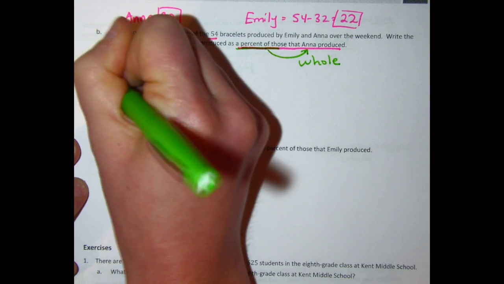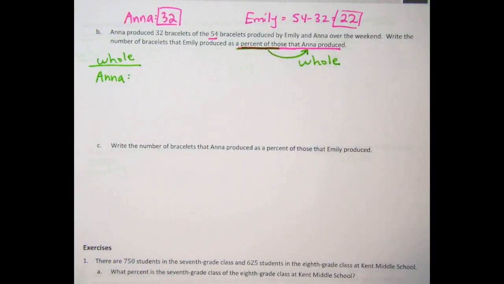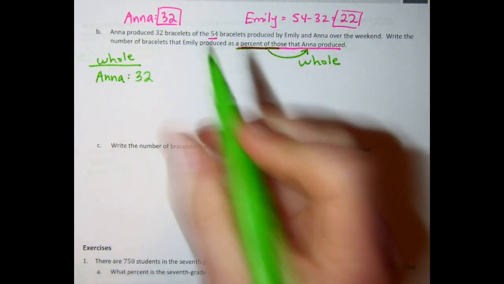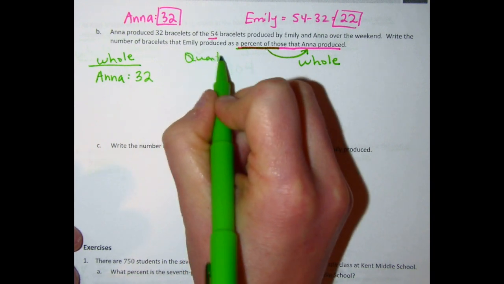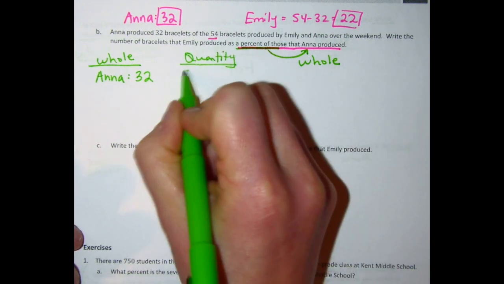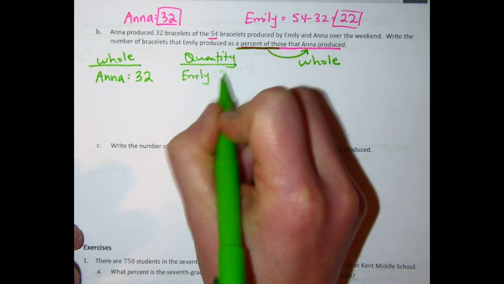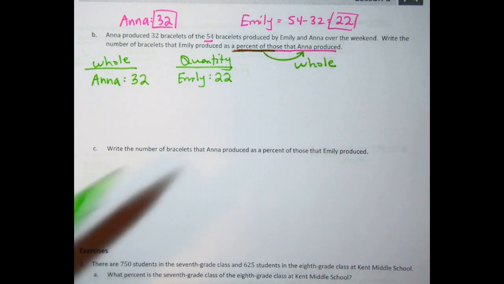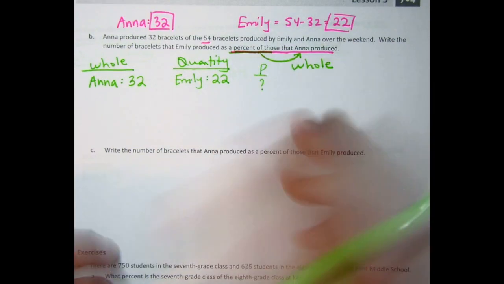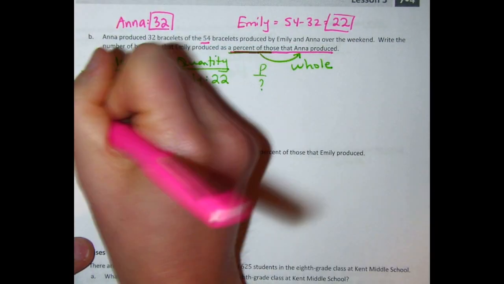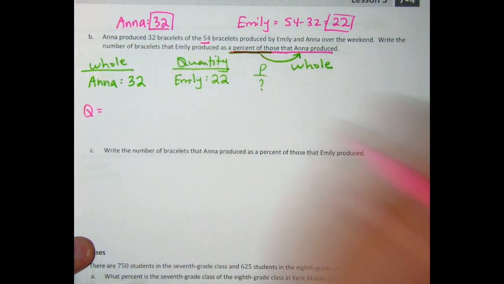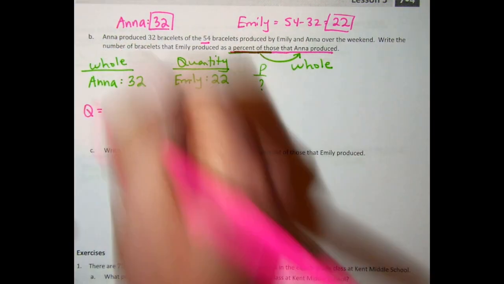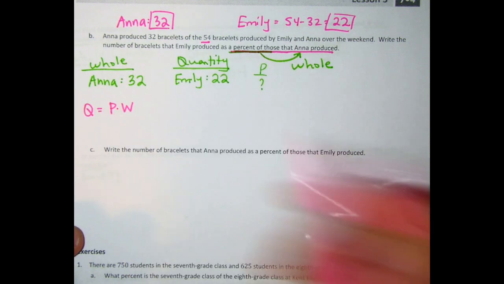And really, some of the most difficult part is actually just deciding and understanding which parts are which parts of your equation. So Anna, which is 32, is the whole, and the quantity that we are comparing is Emily, who made 22. And then we're looking for the percent. Percent we don't know, but we have an equation that we can use to solve. Our equation is the quantity equals our percent times our whole.